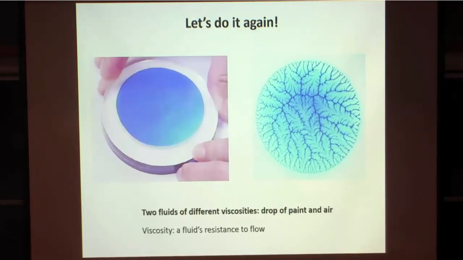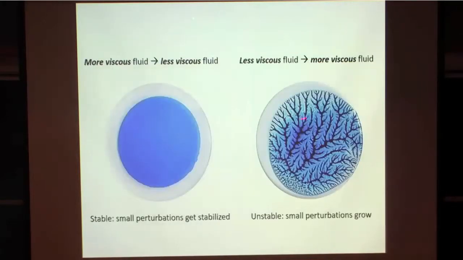And so now, whenever I have two fluids of different viscosities, I'm going to get such patterns in the case where the less viscous fluid, which for us was the air, is invading the more viscous one, the drop of liquid. In that case, the interface between these two fluids is unstable, and you see the growth of small perturbations into very large structures.